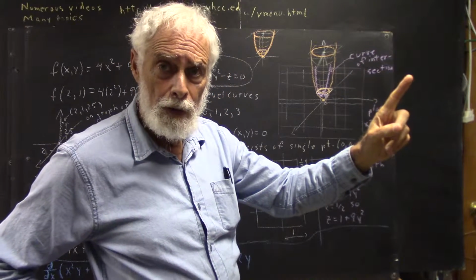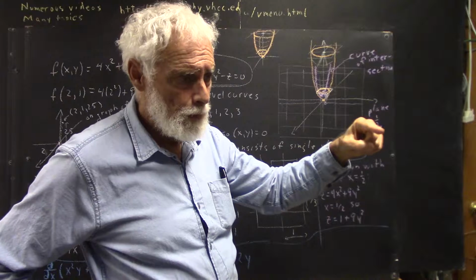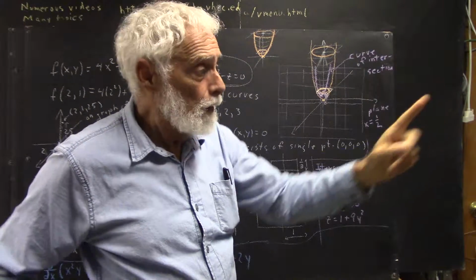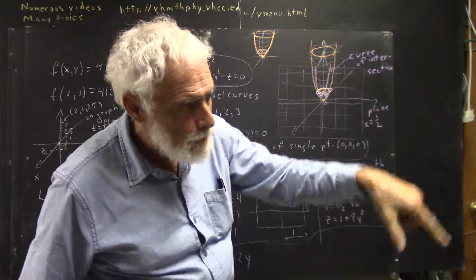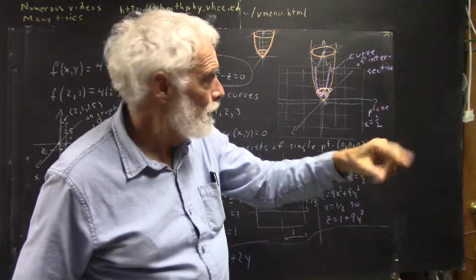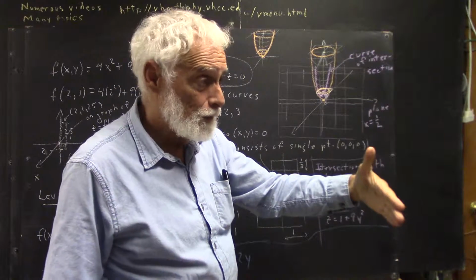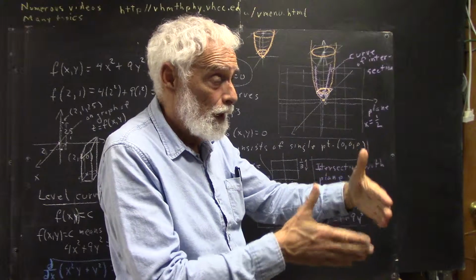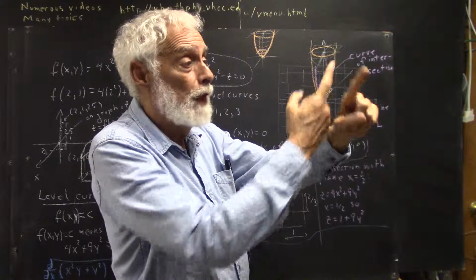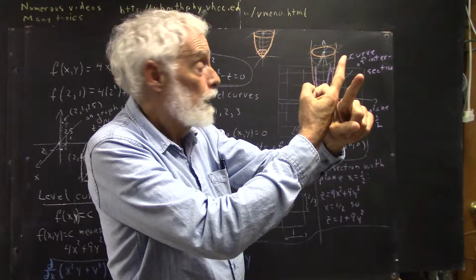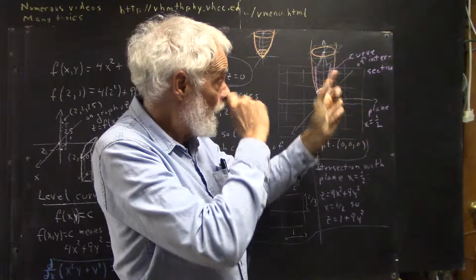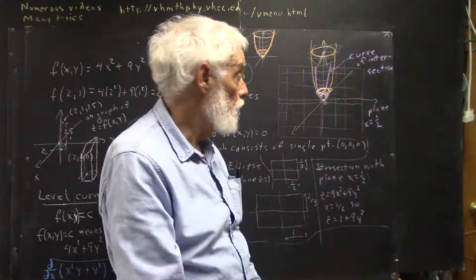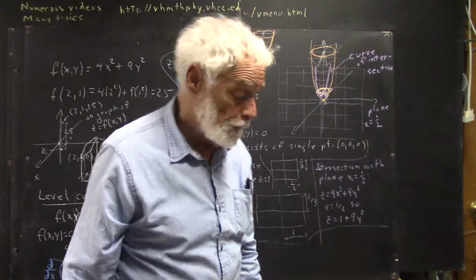Whatever this slope is, we can have a vector i plus whatever the slope is times k, and we match that. So now we've got this vector that is tangent to the parabola we get with this slice, and this vector that's tangent to the parabola we get with this slice, and these two slices meet at this point of the graph, so now we have two vectors that are both tangent to this surface, and we can take their cross product and get a normal vector, a vector normal to this surface.